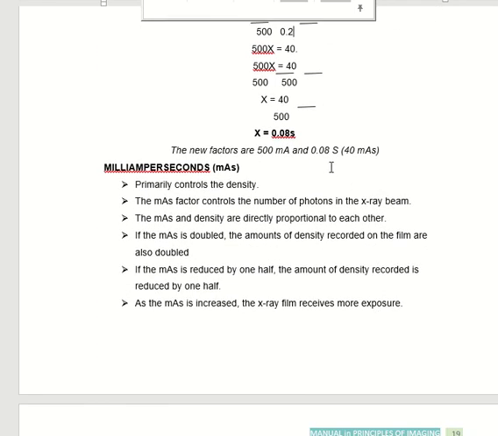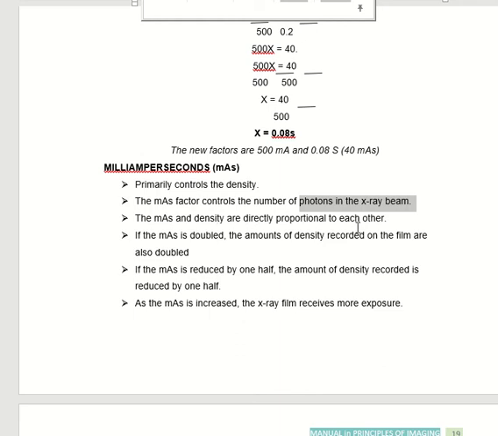So, the MAS, the combination of our MA and time, controls the density, as I have mentioned. It controls the number of photons in the X-ray beam. Actually, this controls the number of electrons, which will result in the number of photons. The MAS and density are directly related.